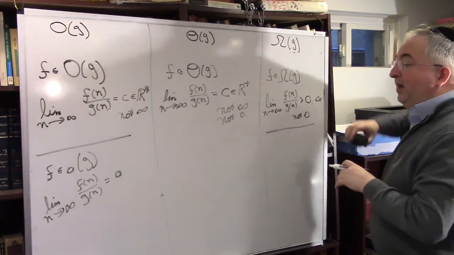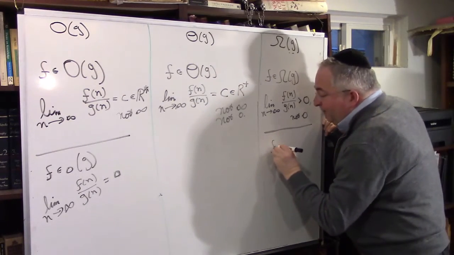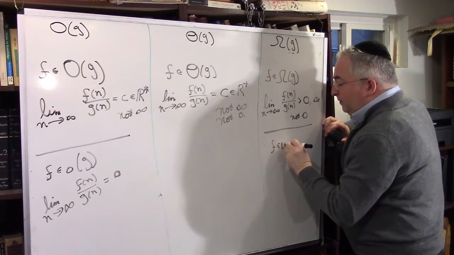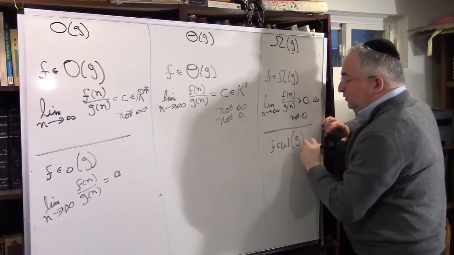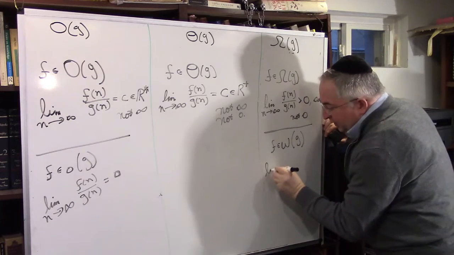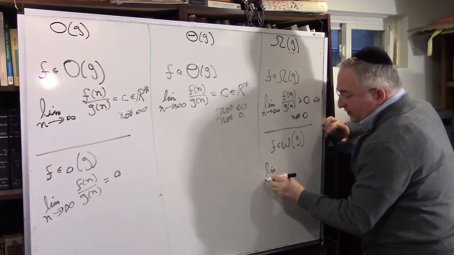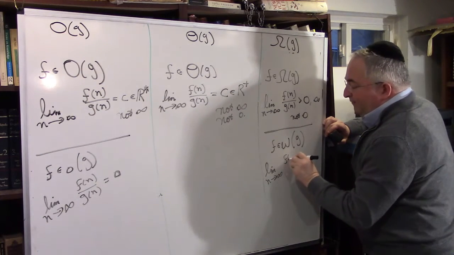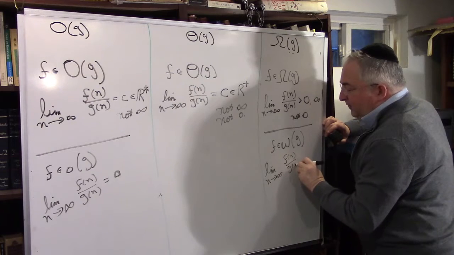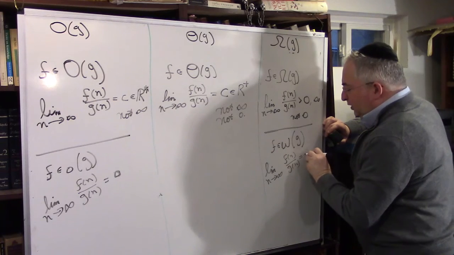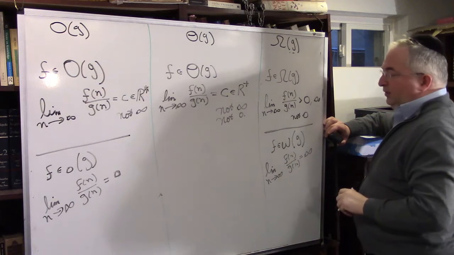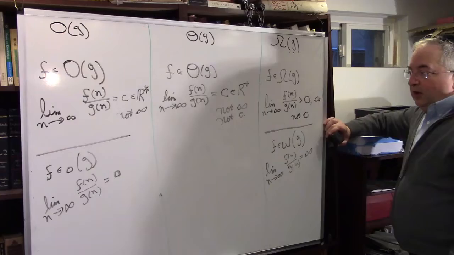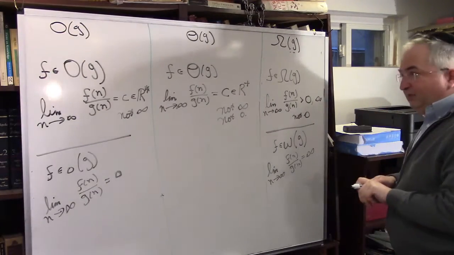Well, let's see what we mean by faster. f grows like that if, again, we're going to write the same thing, limit as n goes to infinity, we don't care about small inputs, of f of n over g of n is equal to infinity. Okay, f grows faster than g. Okay, and now we have that same thing that we had before.